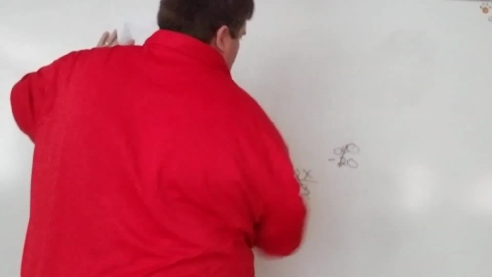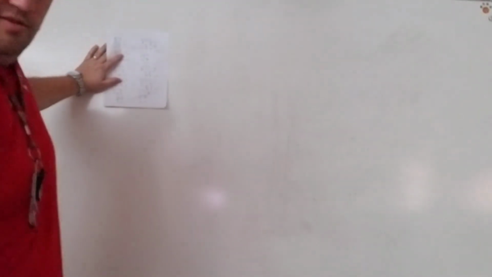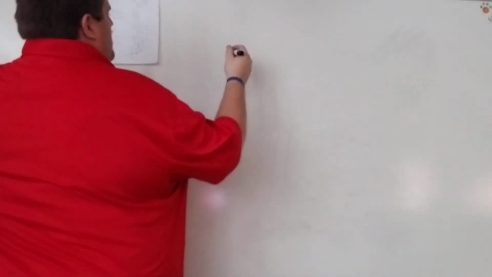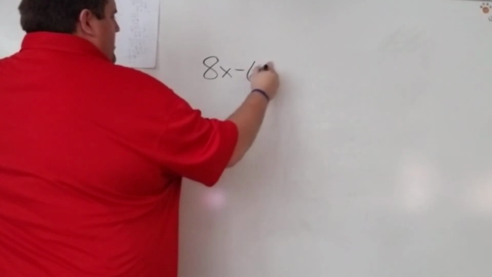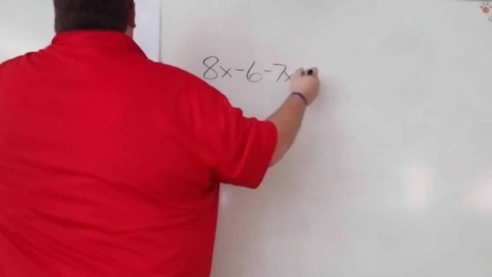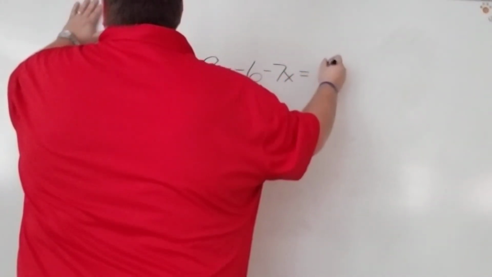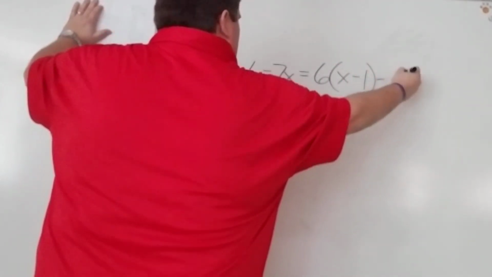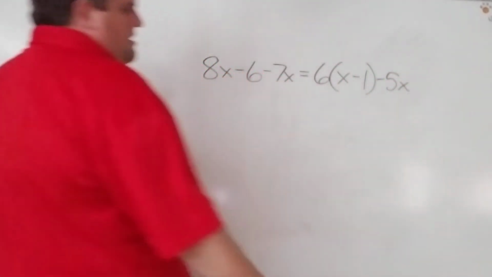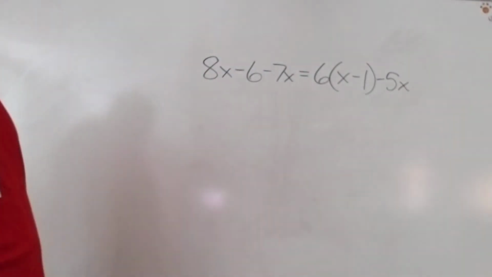Number 11. We got 8x minus 6 minus 7x equals 6 times quantity x minus 1 minus 5x. All right. Yep, that all fits on there.